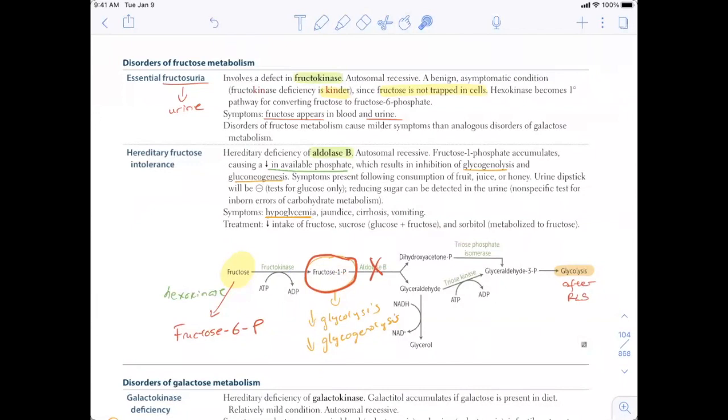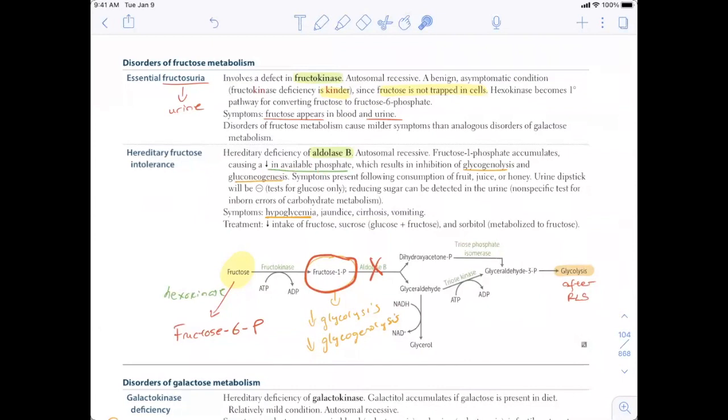So with this scenario, when F1P accumulates, the problem is that we're not just throwing away fructose, we are throwing away phosphate that we need for other things, right? So you have a decrease in available phosphate, and I need phosphate for what? I need it for glycogenolysis. I need it for gluconeogenesis. I need it for so many different things, and if I don't have phosphate, these things will start going down.